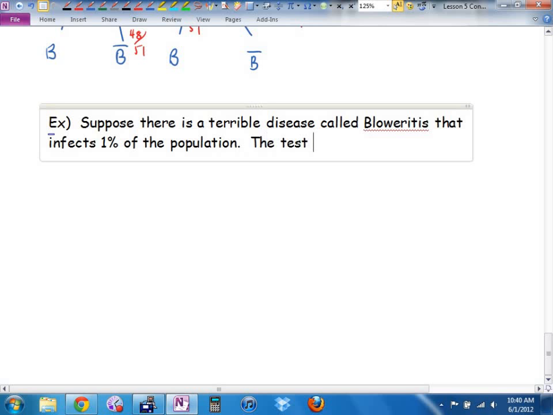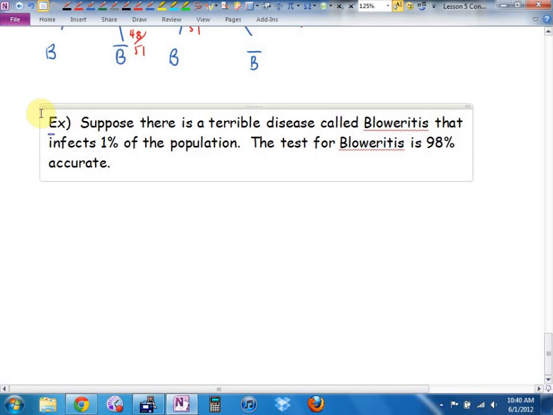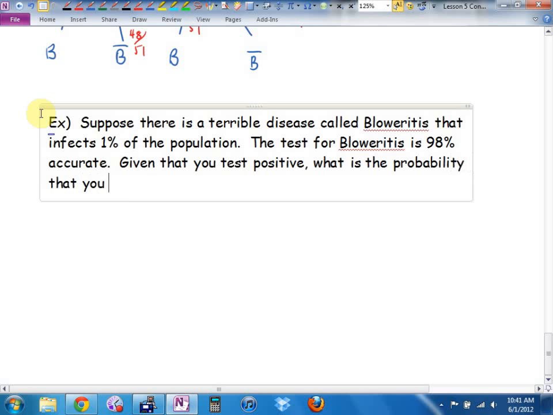The test for loweritis is 98% accurate. Given that you test positive, what is the probability that you actually have the disease?